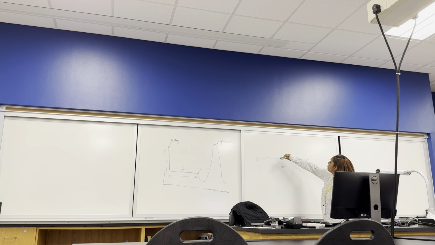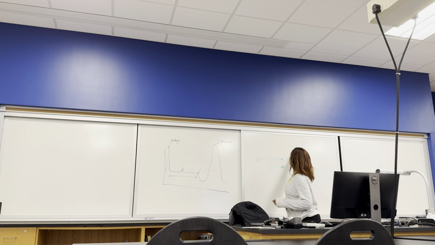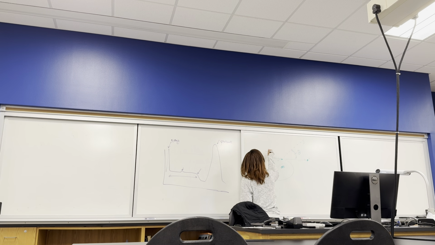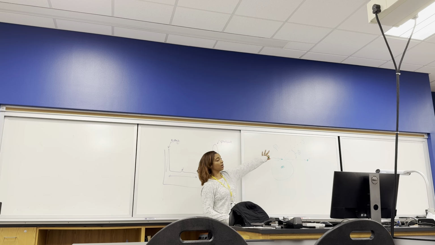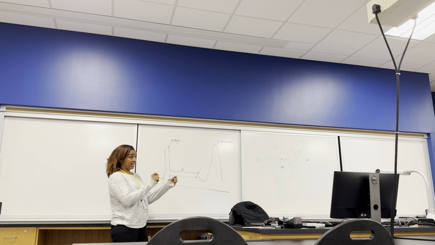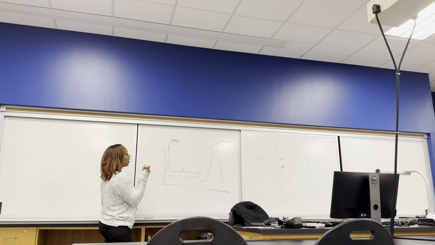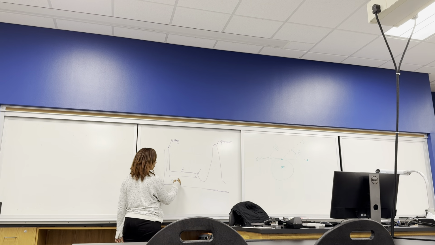And then the photon will get scattered at some angle theta, right? Or it could get scattered all the way back this way. So what this represents is all of the energies of the scattered photon. So this would be the Compton continuum.